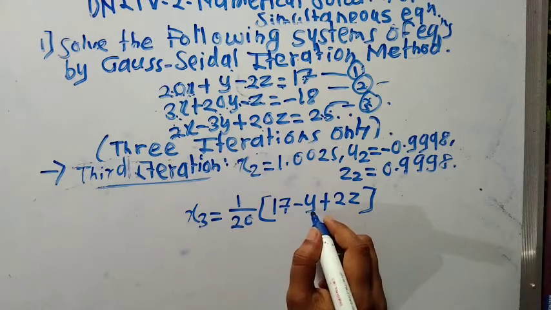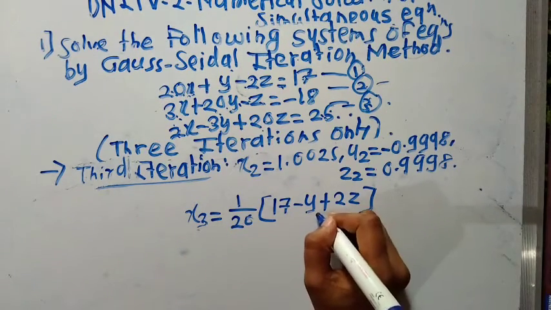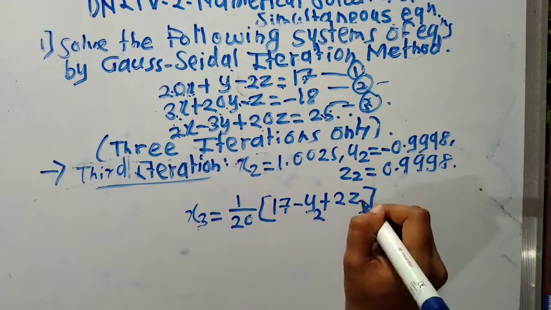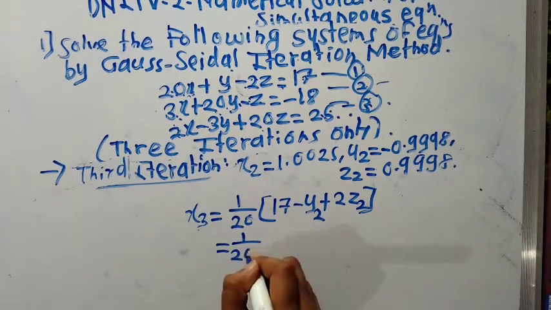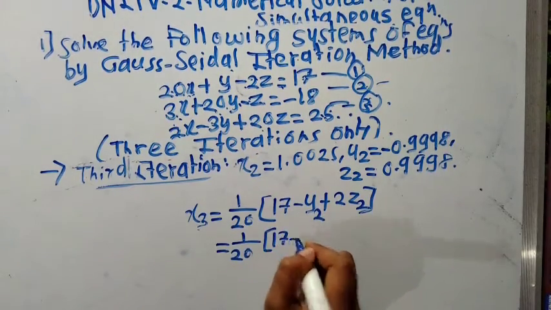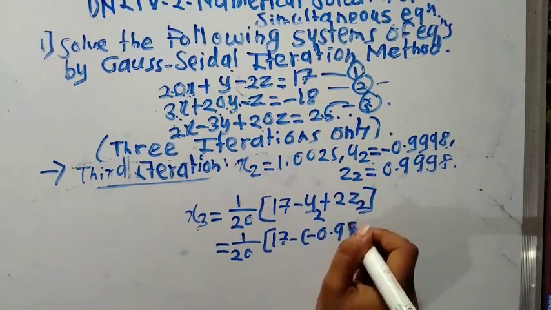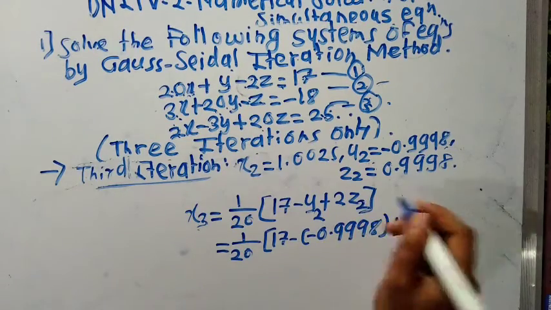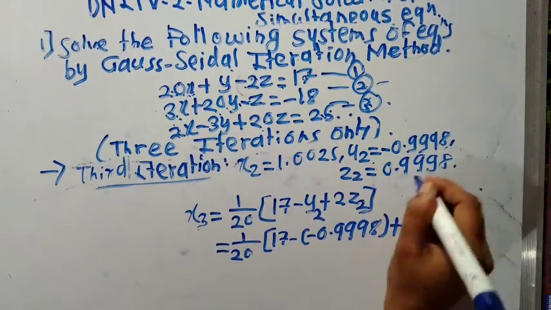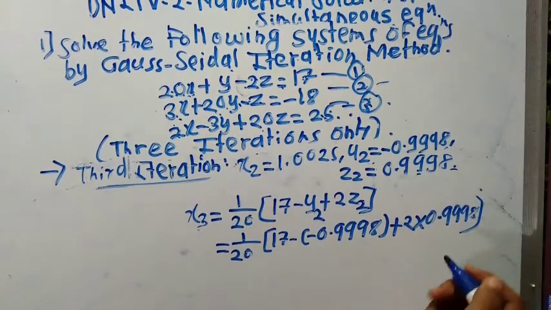So 1 divided by 20, 17 minus y2 is minus 0.9998 plus 2 into z2 is 0.9998.